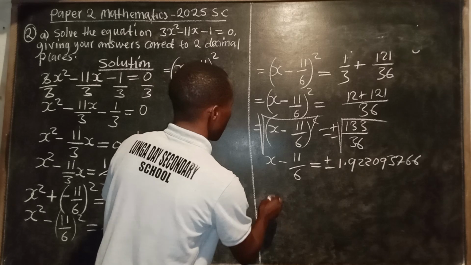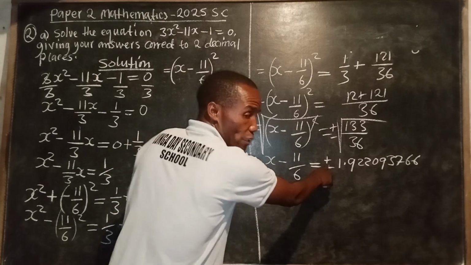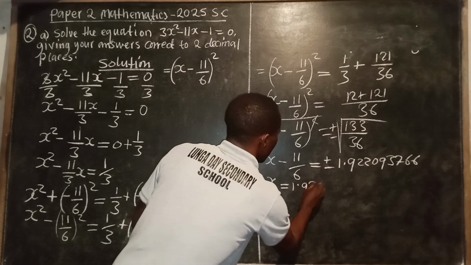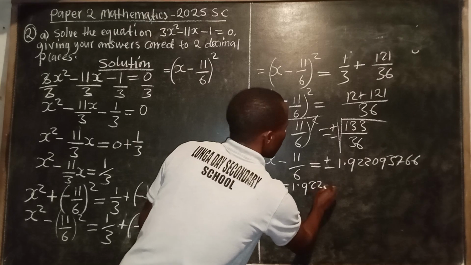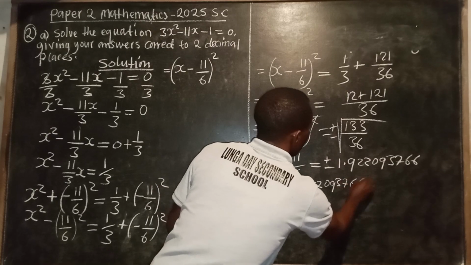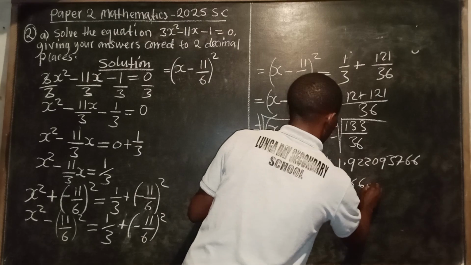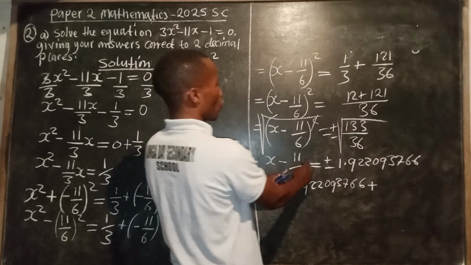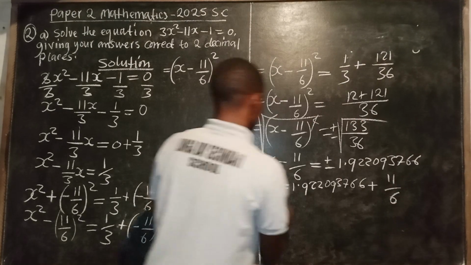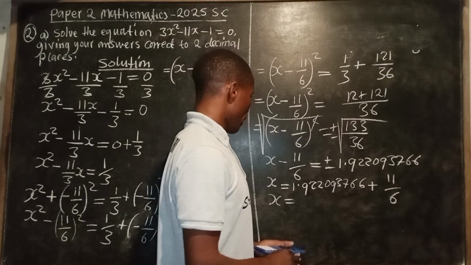We are now going to say x is equals to, we'll start with positive, so that is 1.922, then 0.93766. Then this one will go this side and it will become positive 11 over 6. So what is our x? That is for positive.